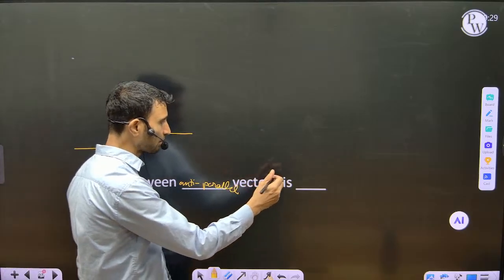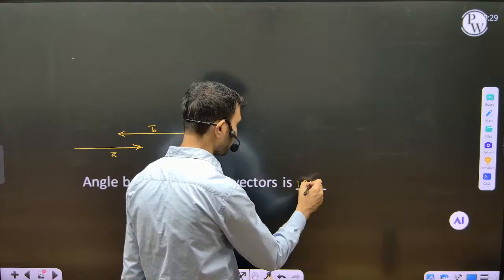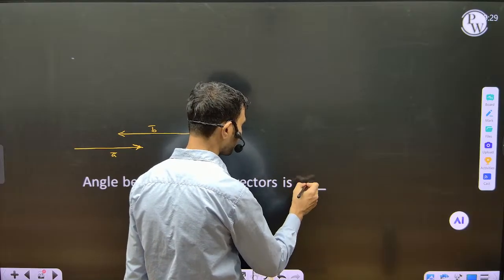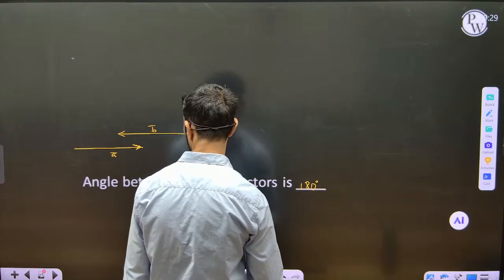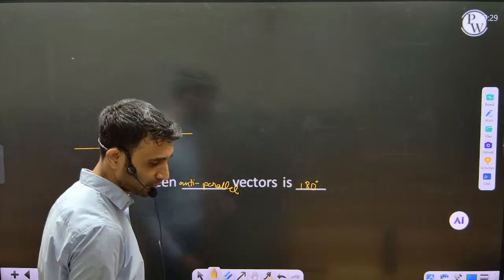The angle between anti-parallel vectors is 180 degrees. They are anti-parallel vectors, the angle between them is 180 degrees.